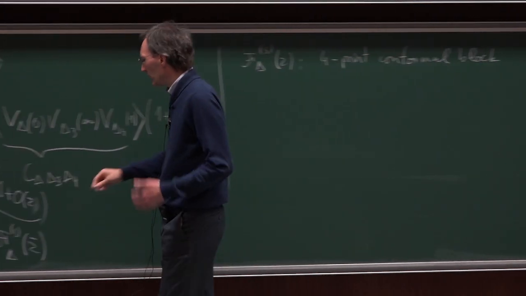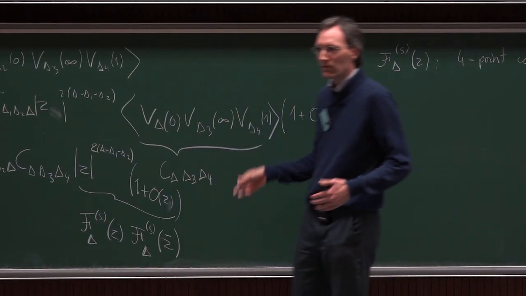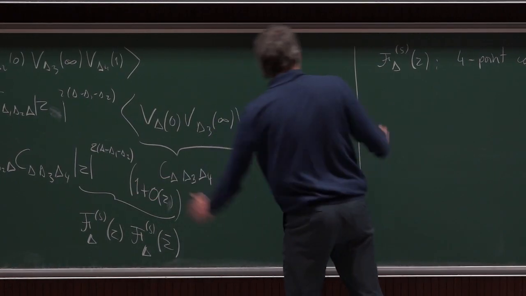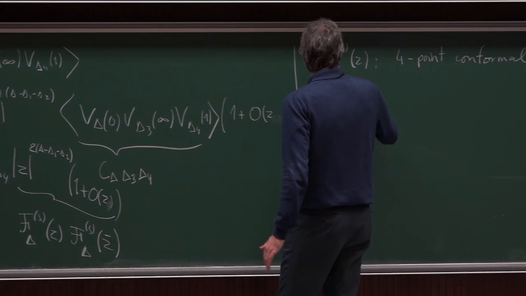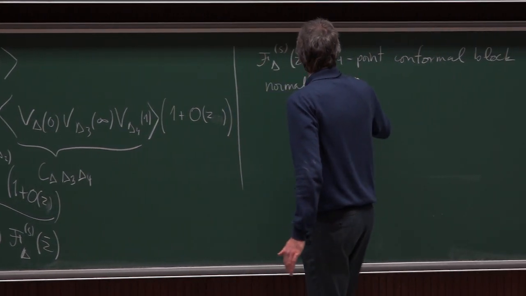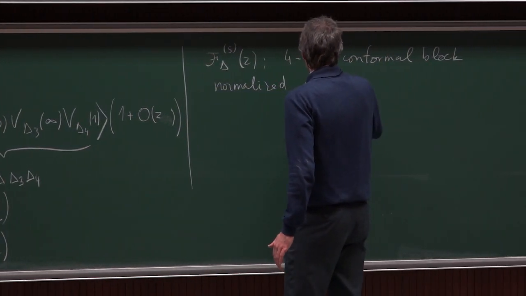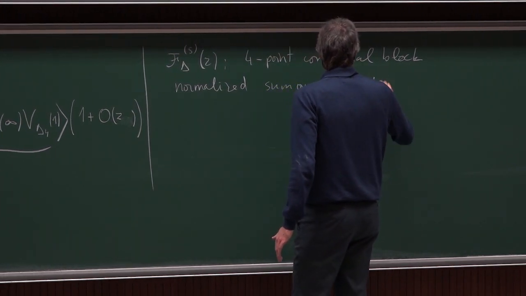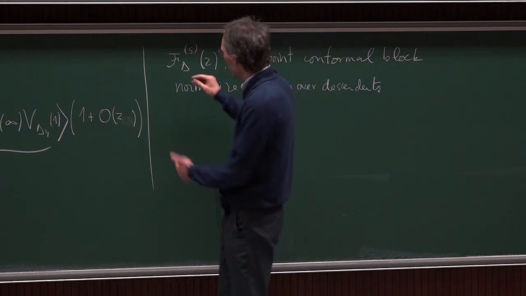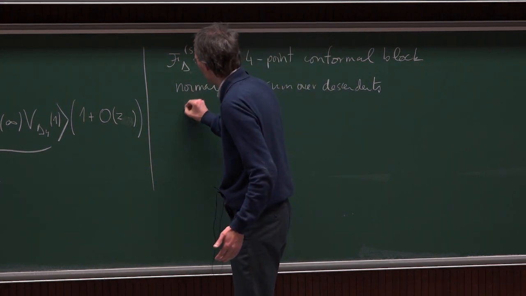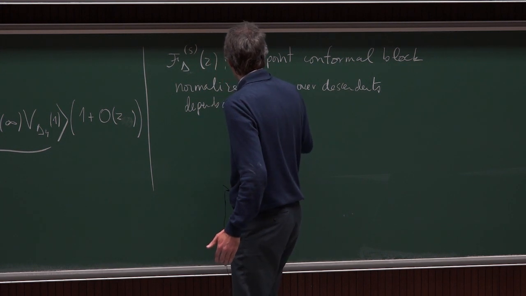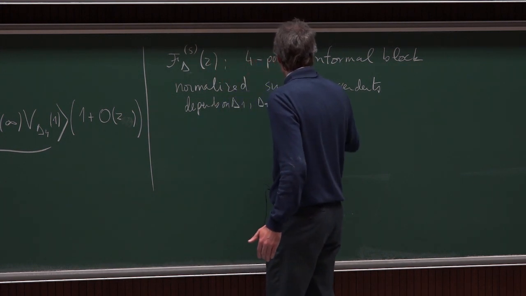So it is the sum of the contributions of descendants to a 4-point function, normalized so that it starts with a 1. It is a function that doesn't just depend on delta, it depends also on delta 1, delta 2, delta 3, delta 4.